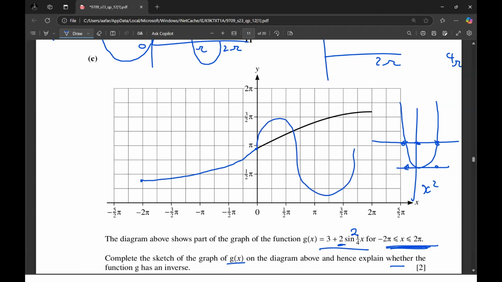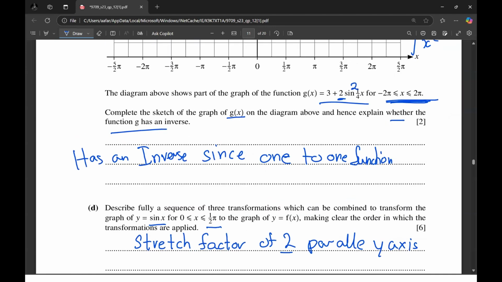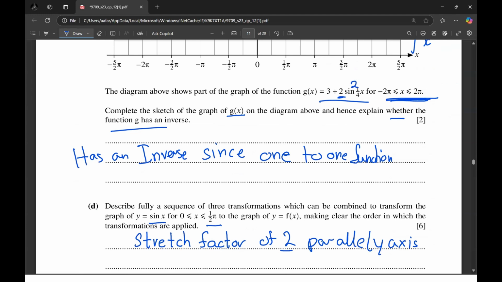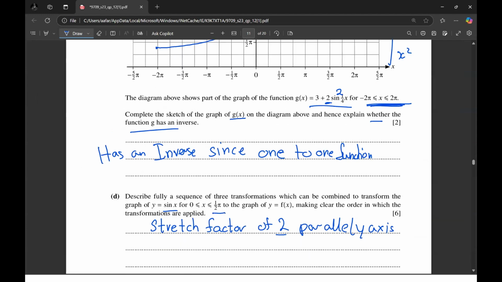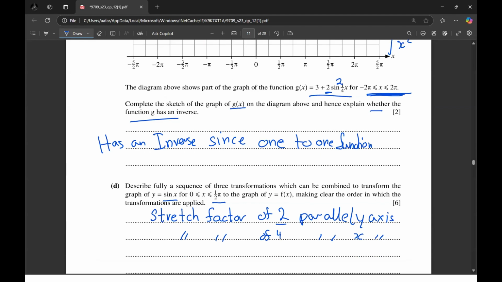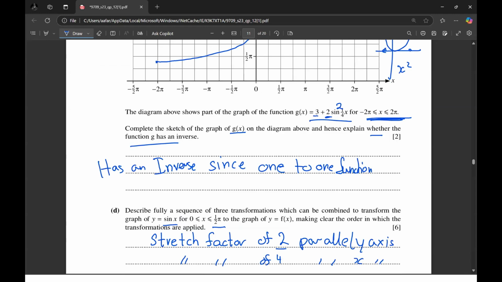So it is compressing, not stretching. That is why it's the opposite of the y direction. Stretch factor of 2 parallel to the y-axis, then stretch factor of 4 parallel to the x-axis.